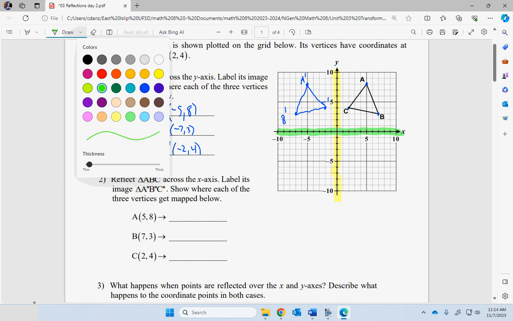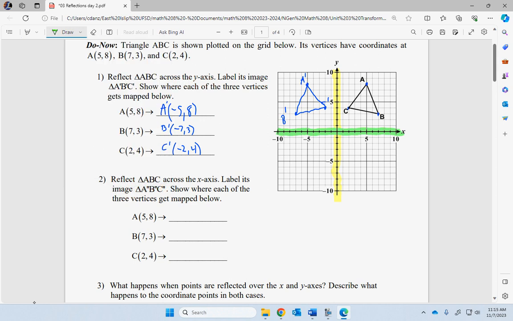It's 1, 2, 3, 4, 5, 6, 7, 8. Go 8 units on the other side. Here's my A prime. B is 1, 2, 3. Go 3. And C is 1, 2, 3, 4. So I go 4.